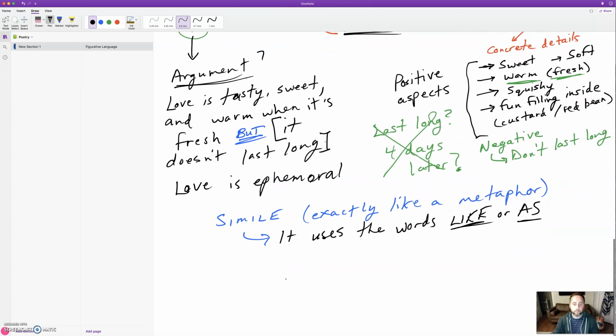Okay, so my love is like a red rose or a Korean walnut cake.